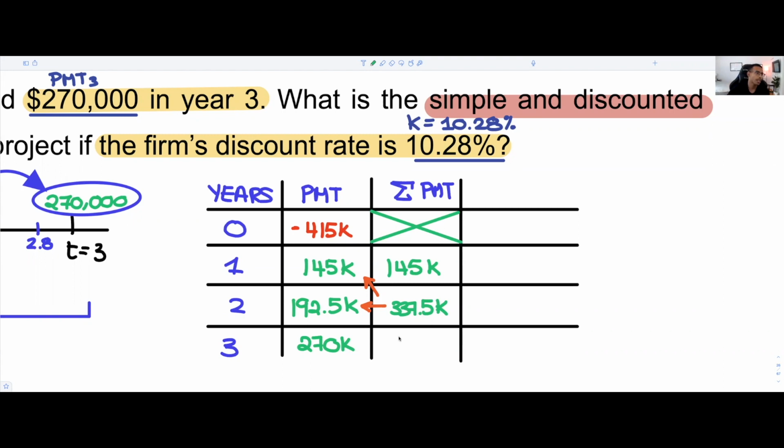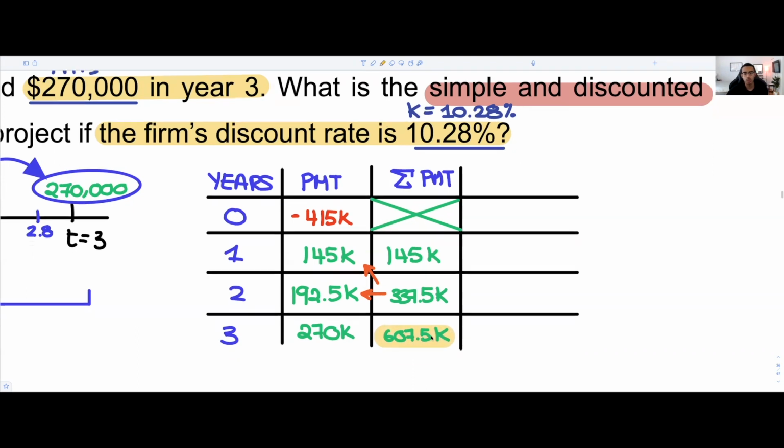Now, what's awesome is that you realize after year 3, okay, if you add all of your cash flows together, you're going to get something around the lines of 607.5K. Now, bells should be ringing, right? Because now you realize that this is definitely greater than our original investment.